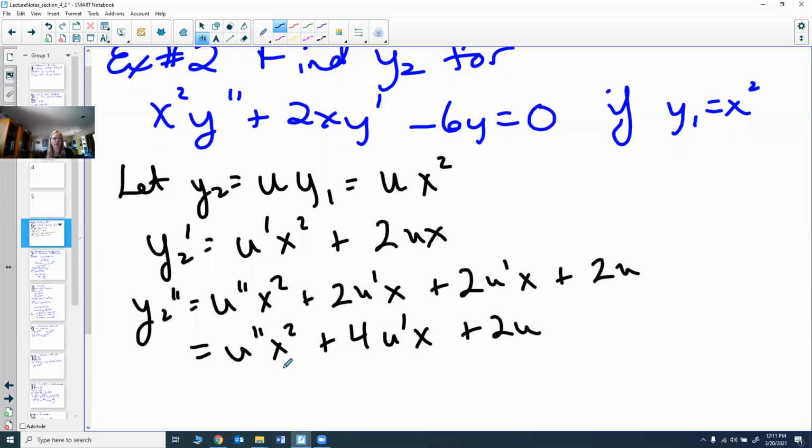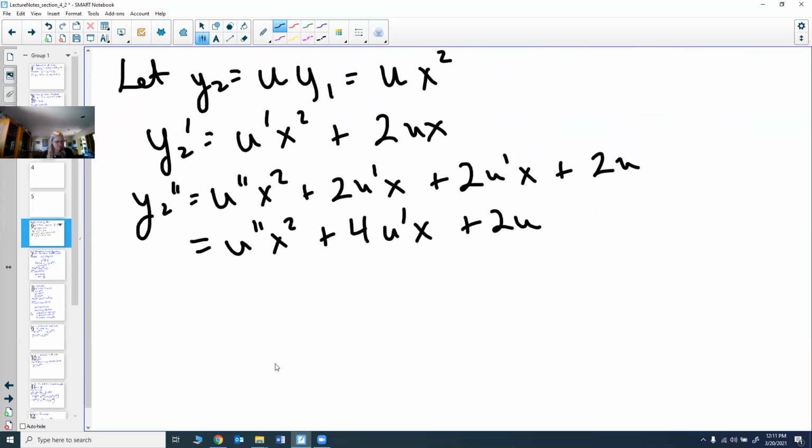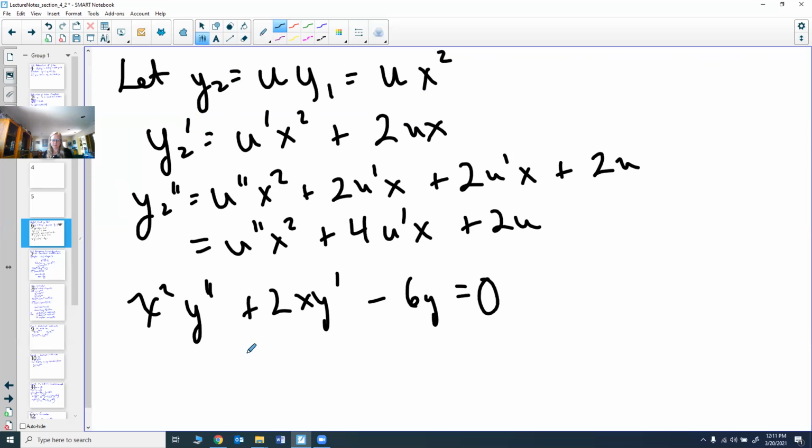All right, and then all I gotta do is plug it into my differential equation and find out what I get. So again, my differential equation was x squared times y double prime plus 2x times y prime minus 6y equals 0. I'm going to be plugging y2 in here, so I'll make these 2's just to remind me that's what I was doing.